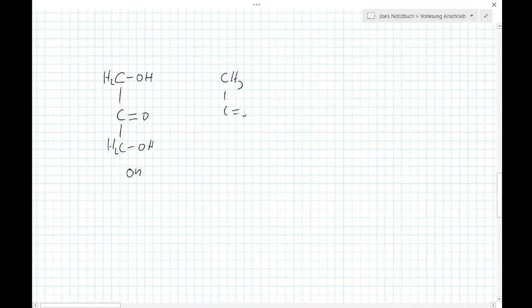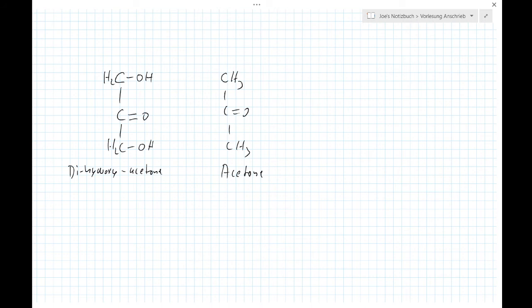It just has two methyl groups. And this is dihydroxyacetone. So that's it. Now, the other molecule we have in the glycolysis was glyceraldehyde 3-phosphate, which was our central molecule.